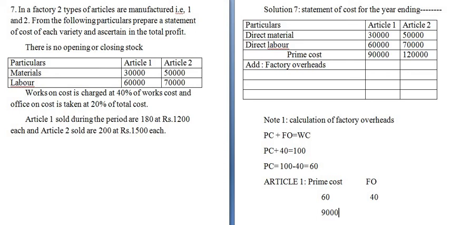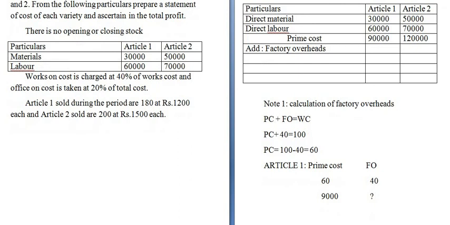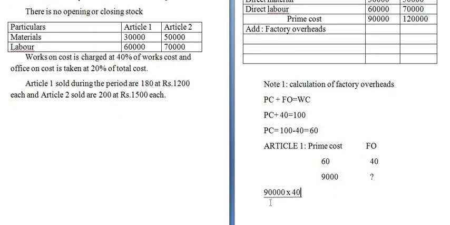When prime cost is 90,000, then how much will be the factory overheads? 90,000 into 40 divided by 60.